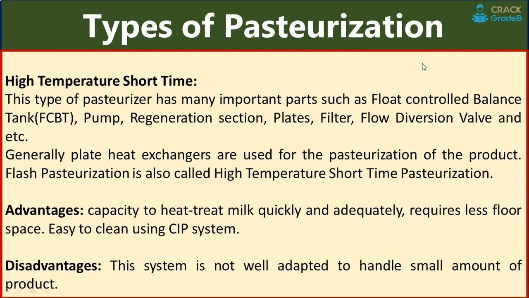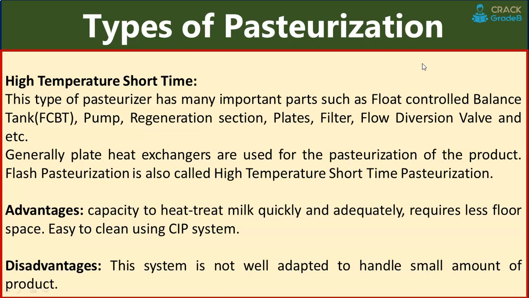High temperature short time. This type of pasteurizer has many important parts such as a float control balance tank, FCBT, pump, regeneration section, which is of 2 types, regeneration heating and regeneration cooling, plates, filter, flow diversion valve and so on. Generally, plate heat exchangers are used for the pasteurization of the products.